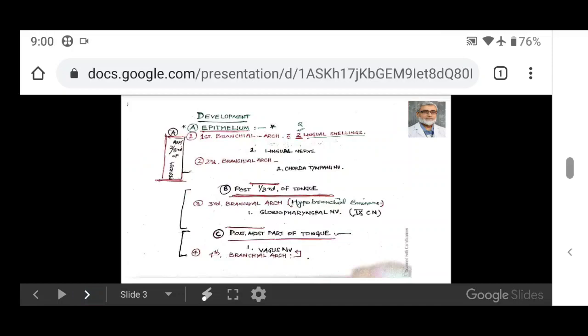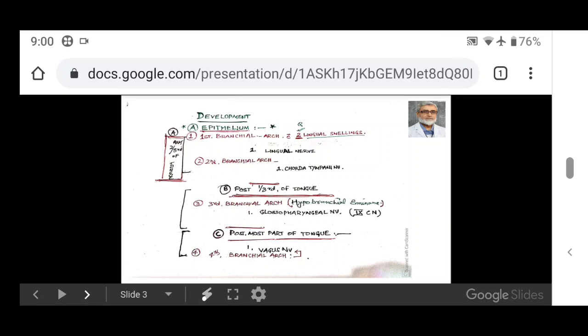Regarding the epithelium, the anterior 2/3 of the tongue has its epithelial portion derived from the first branchial arch and the second branchial arch. The first branchial arch typically has two lingual swellings.